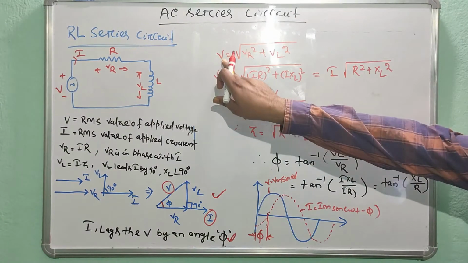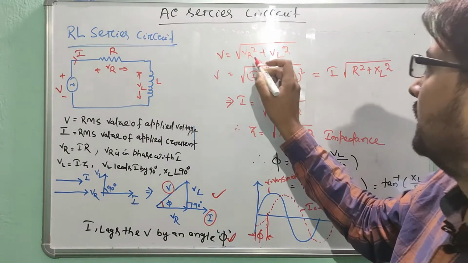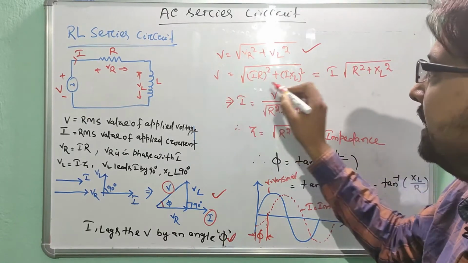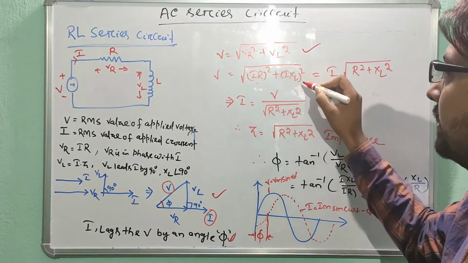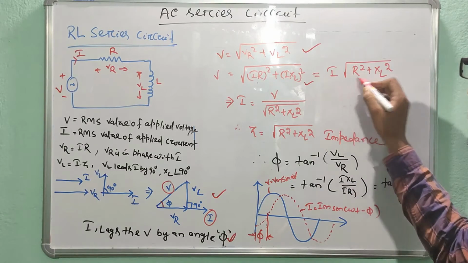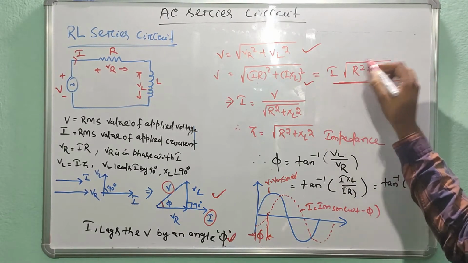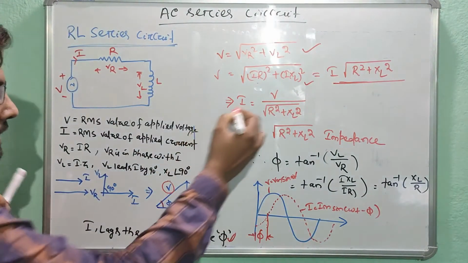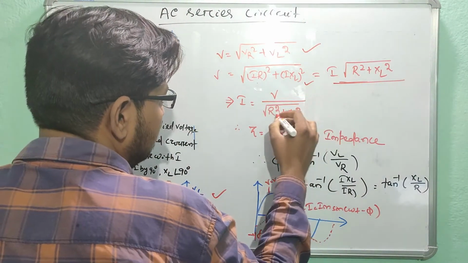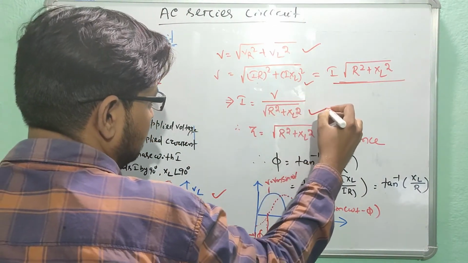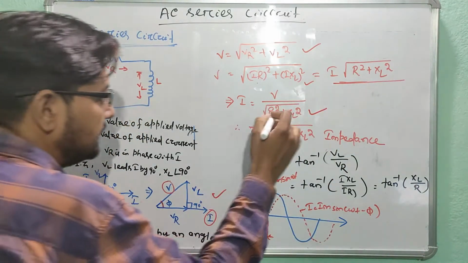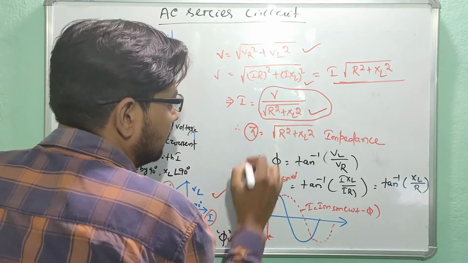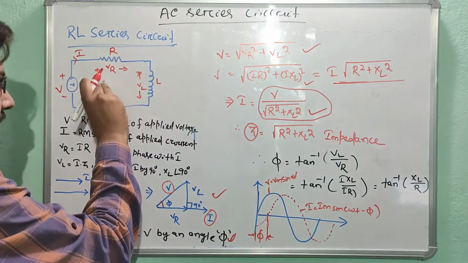So what is my V value? V is equal to root over of VR square plus VL square, that is equal to root over of (IR) square plus (IXL) square, that is, I root over of R square plus XL square. Then what is my I value? Current is equal to V by root over of R square plus XL square. This expression is known as Z, called the impedance of this circuit.